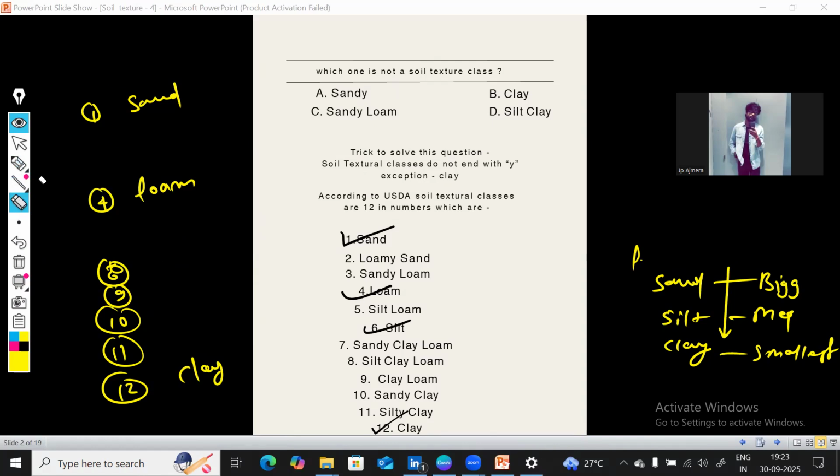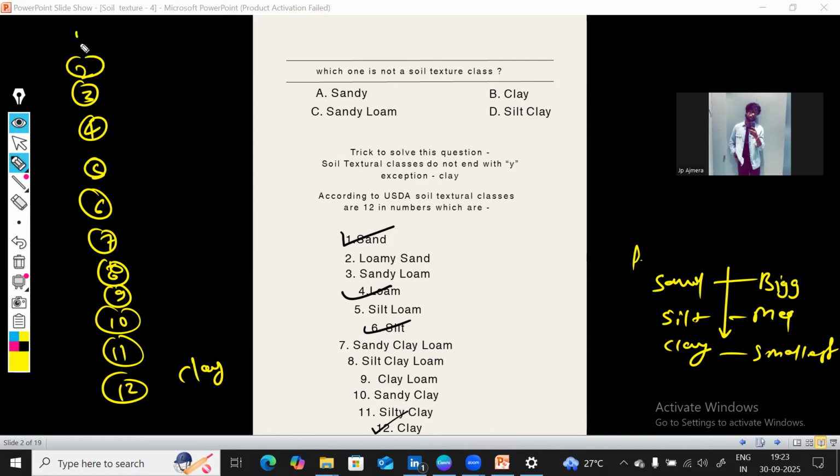Then 7, then 6. Sorry for that. Then 6, then 5, then 4, then 3, then 2, then 1. Okay. Let's learn how we can name these 12 classes.